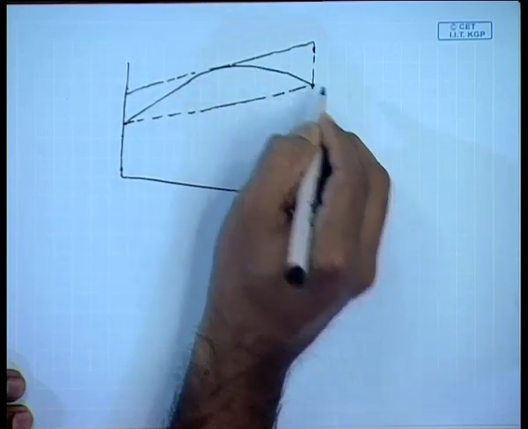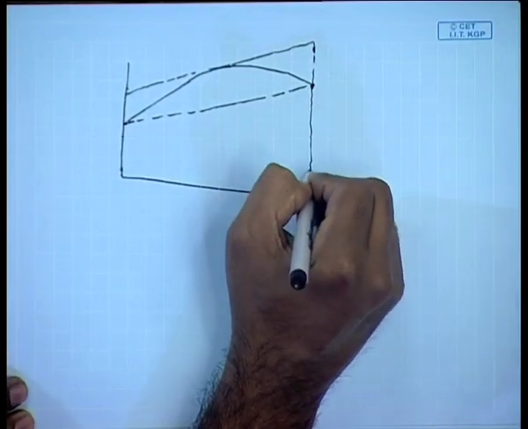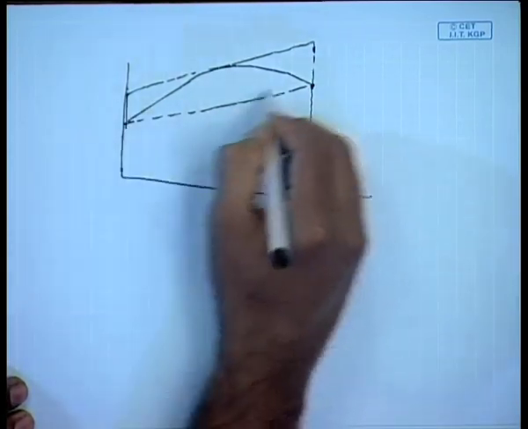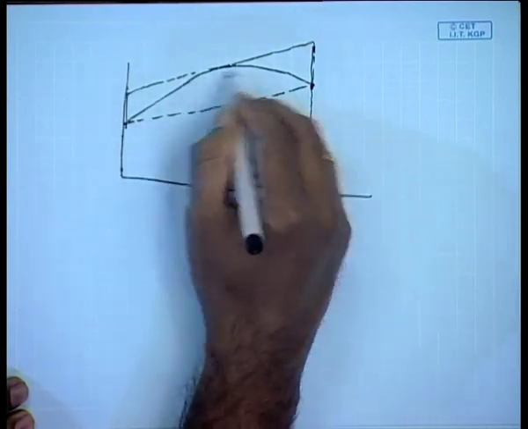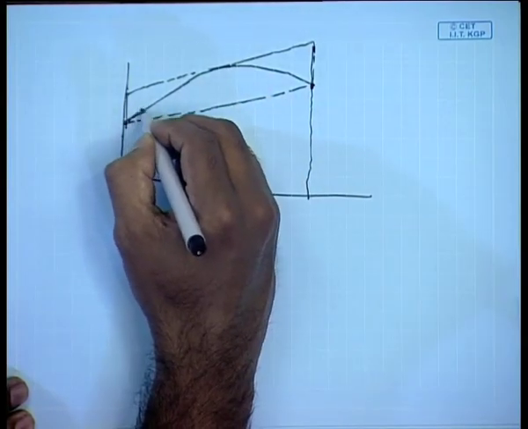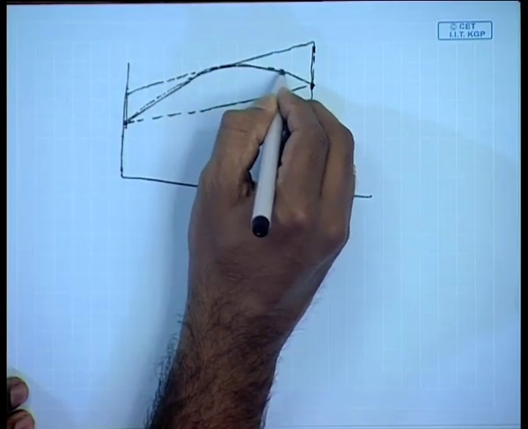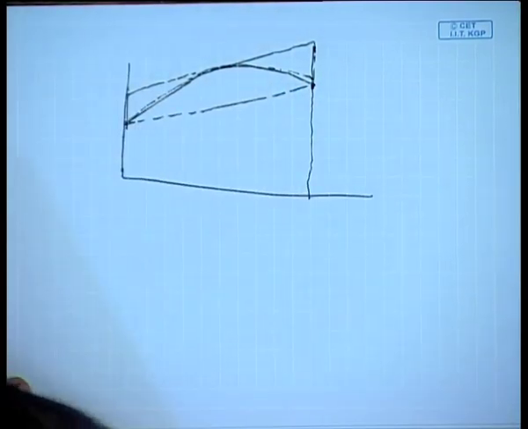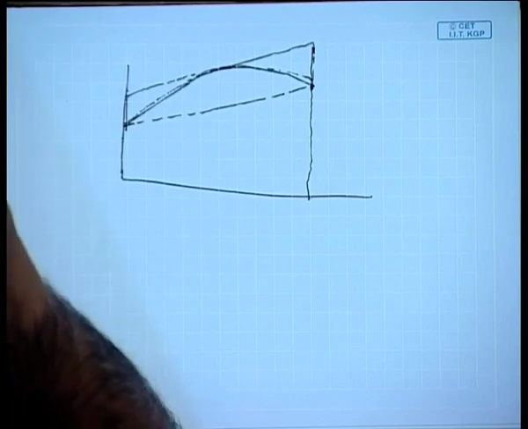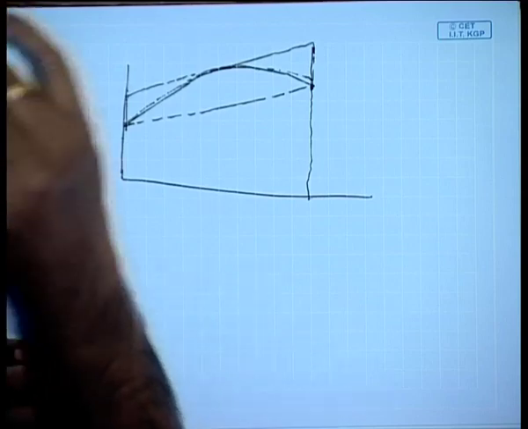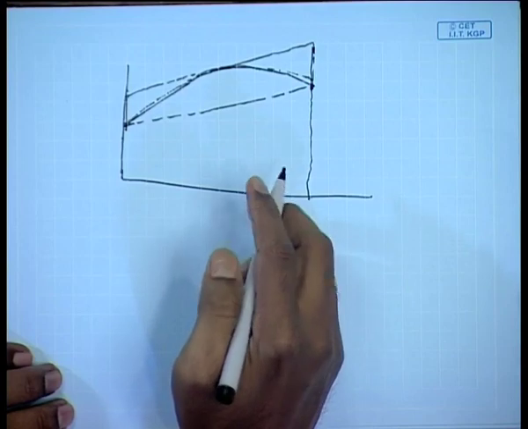This is your f of x. We draw a parallelogram like this. This distance is equal to this distance, and it's a parallelogram, and the whole thing is replaced by a parabola. So, it is as if we have a parabola inscribed in a parallelogram, that is what this is about.